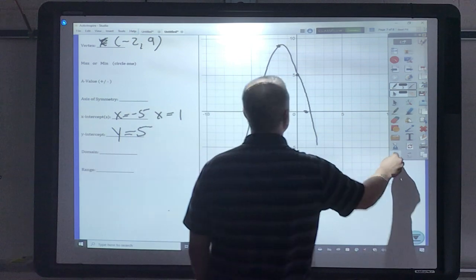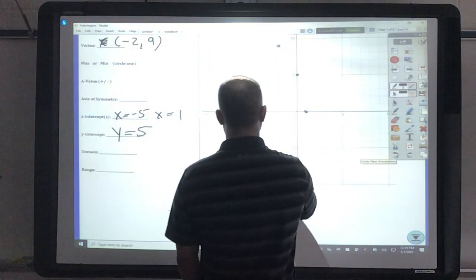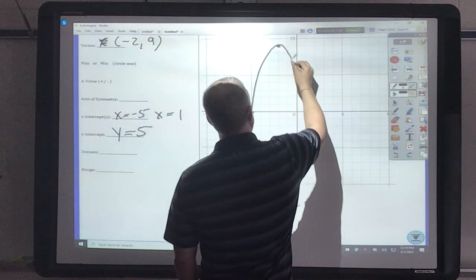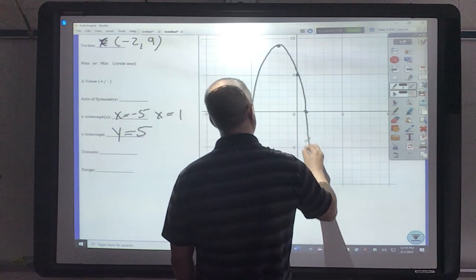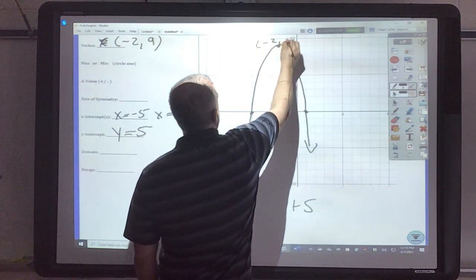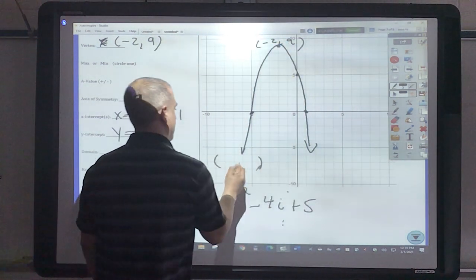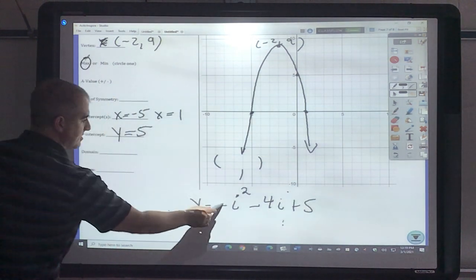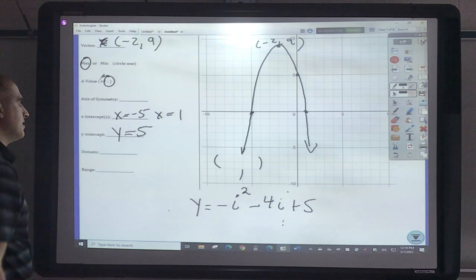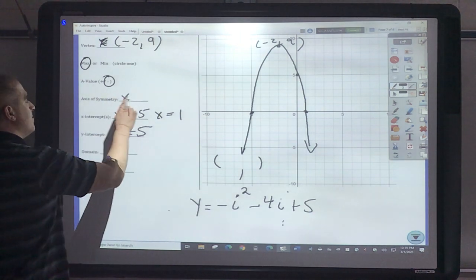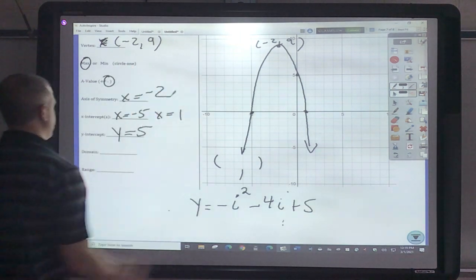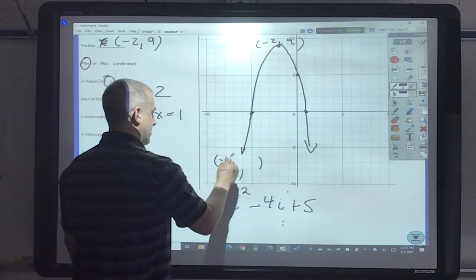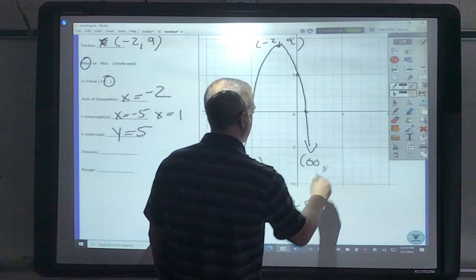Okay, this is negative 2 and 9. That's a maximum value. The A is negative, and that's easy to see because it's a minus there. Okay, axis of symmetry would be x equals negative 2. The domain, left, right.